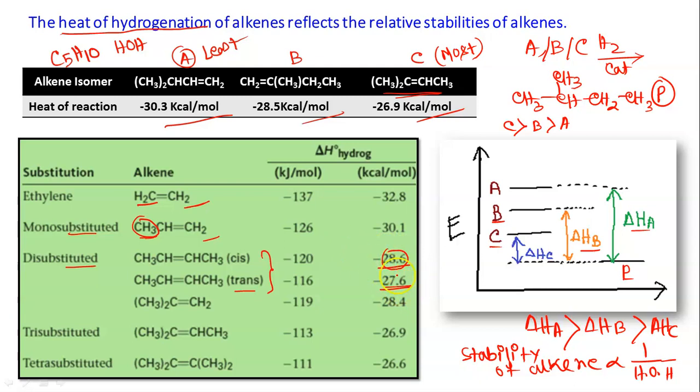Negative 28.6 means this amount of energy is liberated. So a higher amount of energy is liberated in case of cis compared to trans. Next, as we move down, there are some more examples. From these values, we can easily identify which alkene will be more stable and which will be less stable. Fine. So that's all about this hydrogenation.